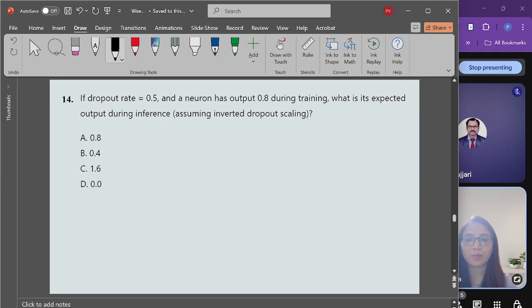Here we have to assume inverted dropout scaling, as already given in the question. The dropout rate is given and the neuron's output is given. Now we have to calculate the expected output during inference. So how can we calculate it?